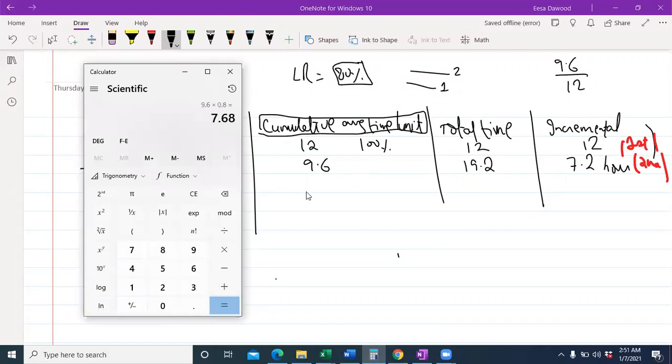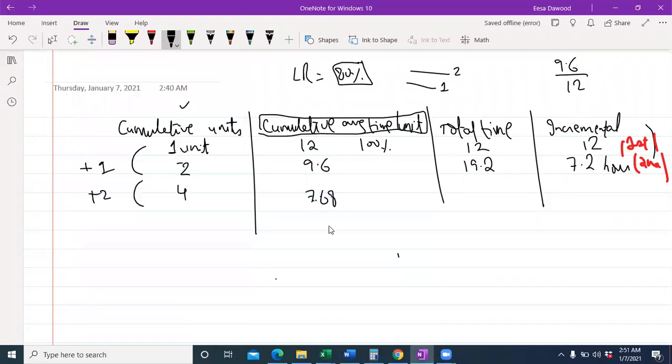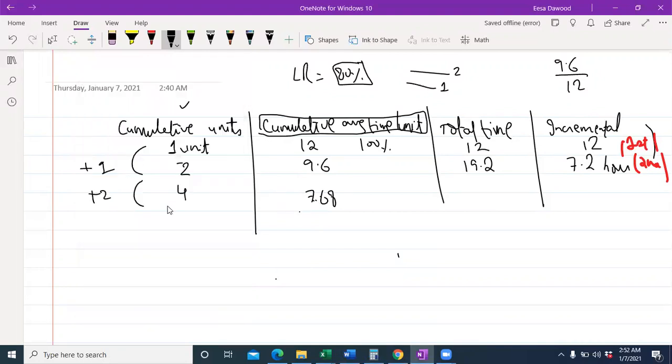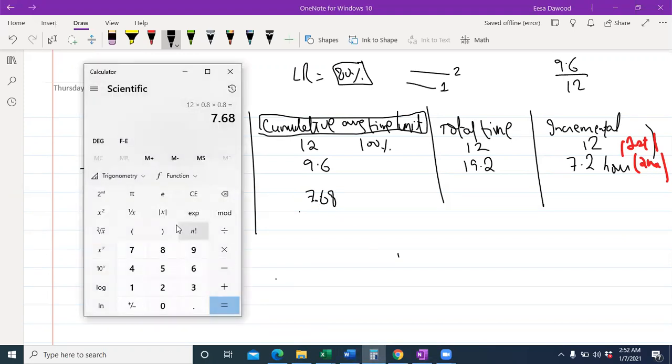Now how much time will it take? 7.68. Or if I start from the very start, it would be 12 into 0.8 and then into 0.8. Like two times I'm applying that rate, when the output is doubled for the second time, right? So it becomes 7.68.